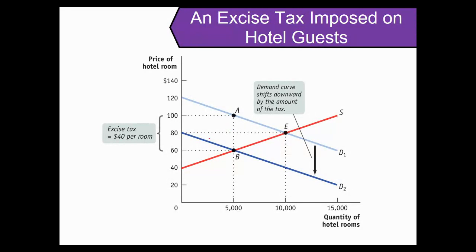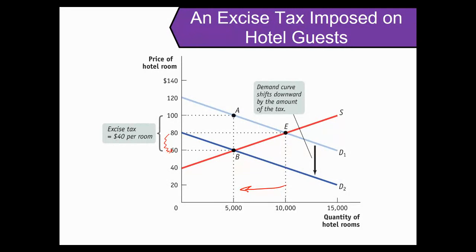And once again, we would see the equilibrium price fall from $80 to $60 per night, and the quantity of rooms rented would fall from 10,000 to 5,000.